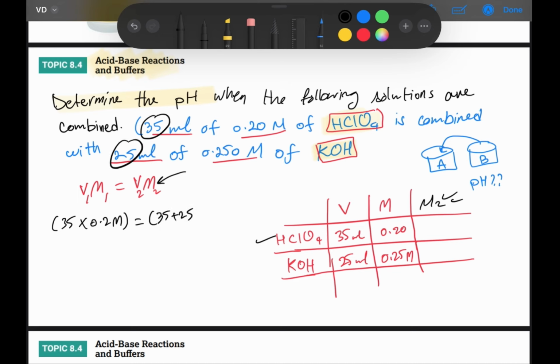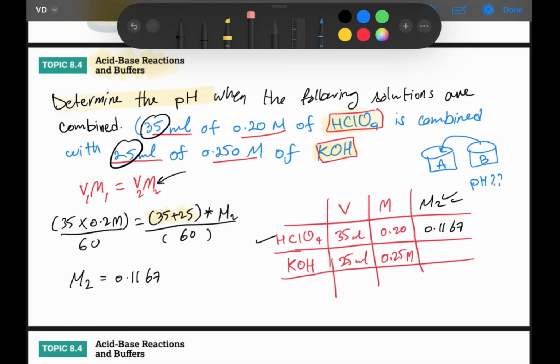If we divide over the total of 60 milliliters, you will end up with a new molarity of acid, which is 0.1167. So I put 0.1167 here.